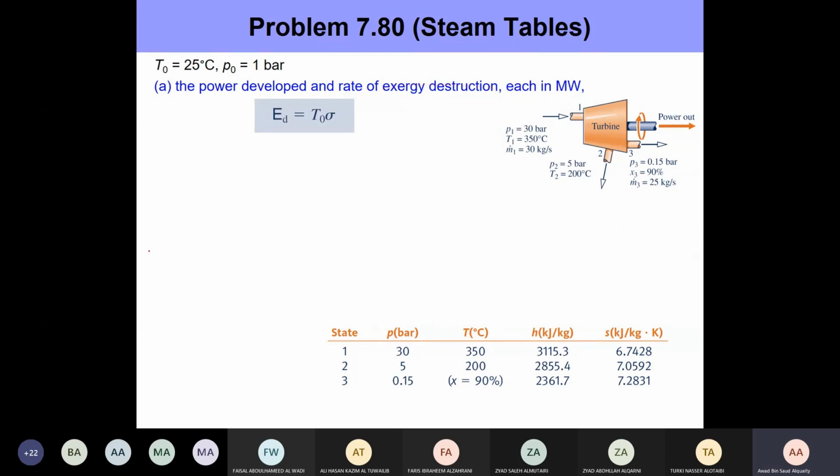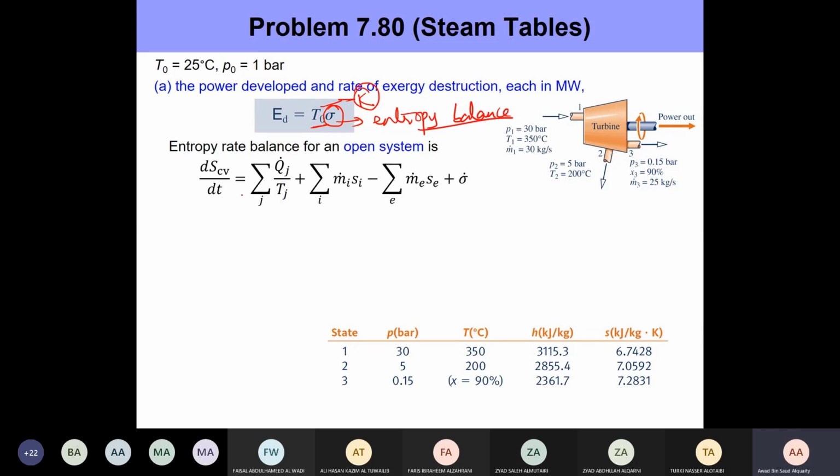The other method to get exergy destruction is simply by multiplying the entropy generation sigma with the value of T0. And here T0 needs to be in Kelvin. So how do we get entropy generation? Well, you just need to use entropy balance. The general entropy balance equation for an open system is given by this formula right here.